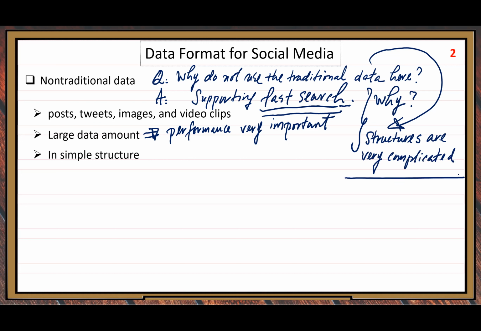What do I mean by structures? Tables. In traditional data, we use tables to organize our data, right? Many tables, and in each table the structure is different. The structures are very complicated. When you do search, you need to do database queries, right?